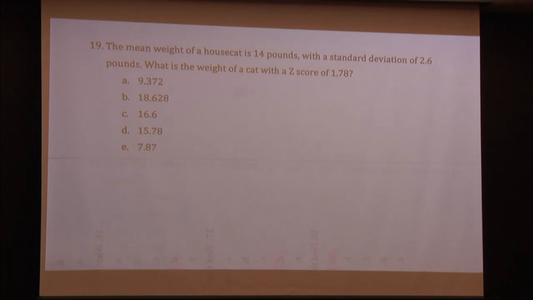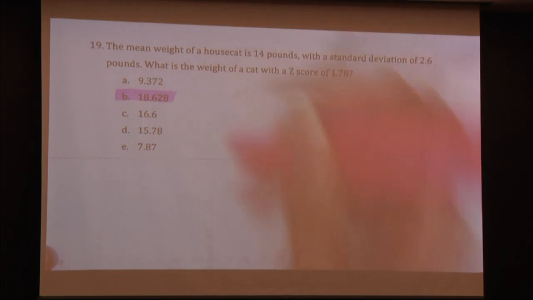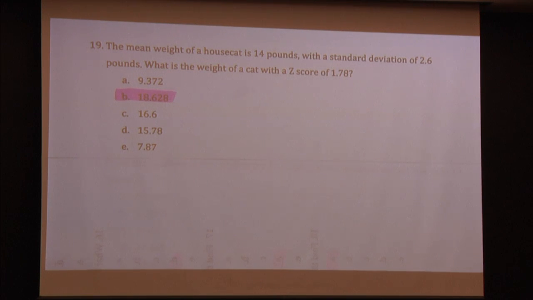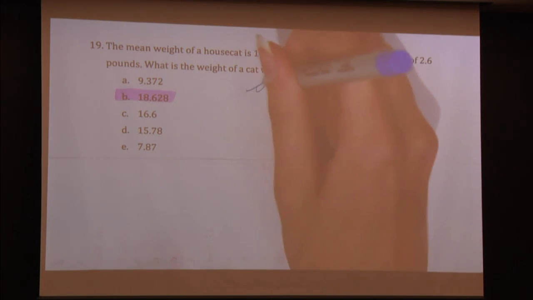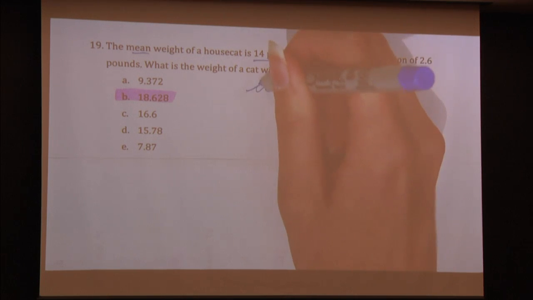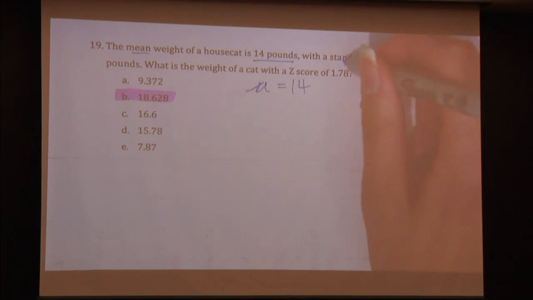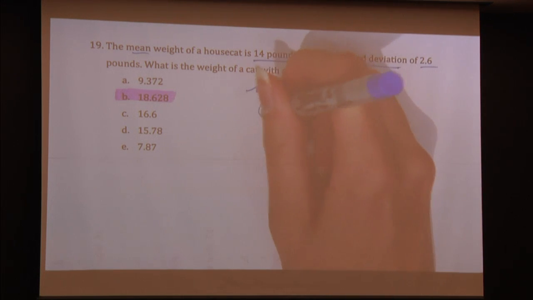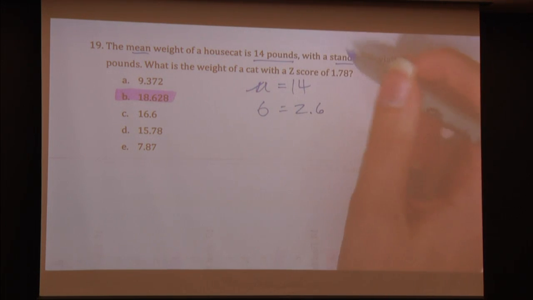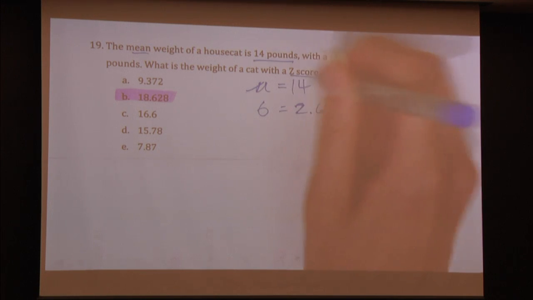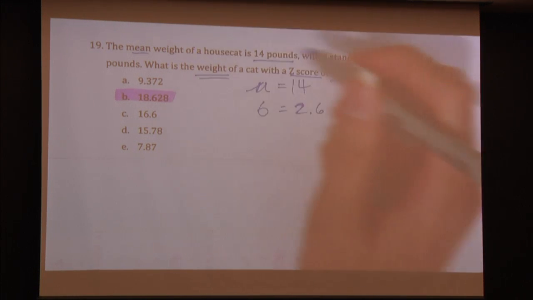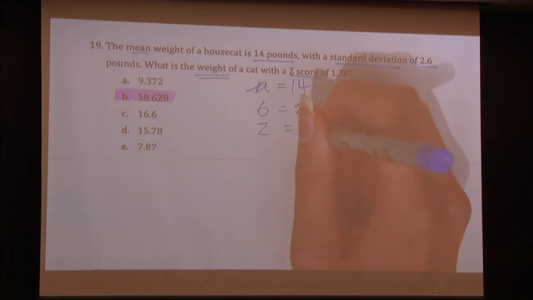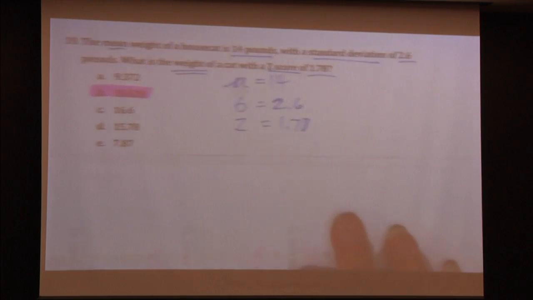I heard, no, that's fine. Hey, you got it. So I heard B. So with this one, we're given a mean up here. Personally, I just find it's always useful to write out my variables. Standard deviation of 2.6. And this time, we're given the z-score, and we want to know the weight. How do we set up this formula?